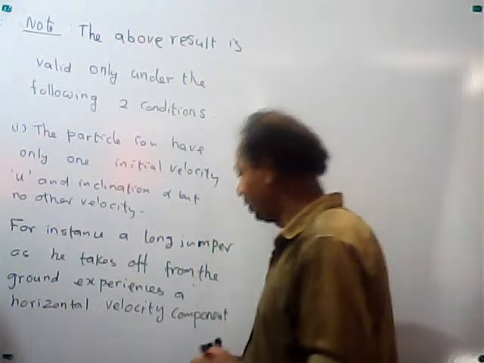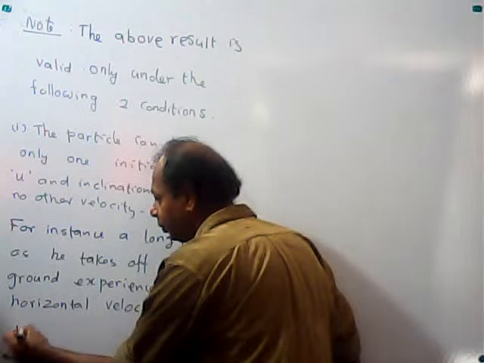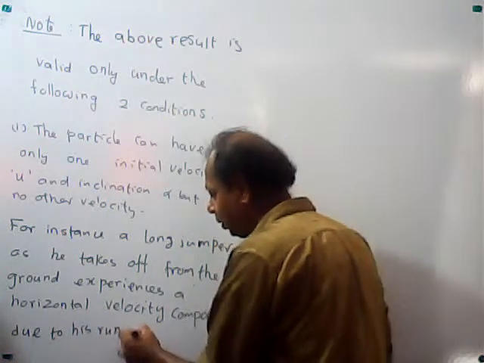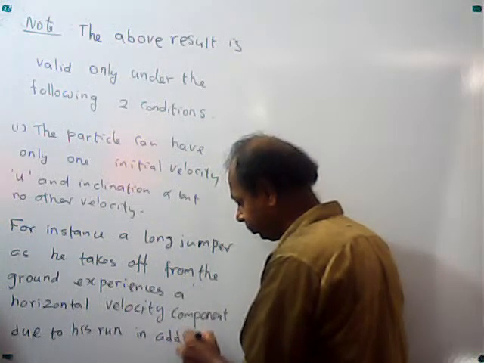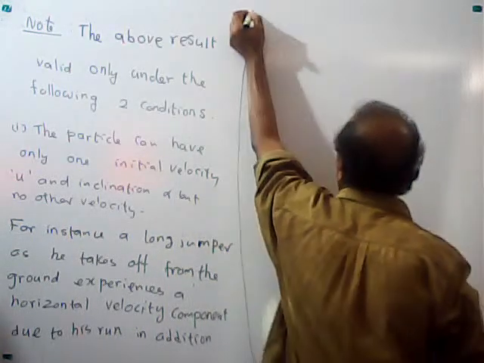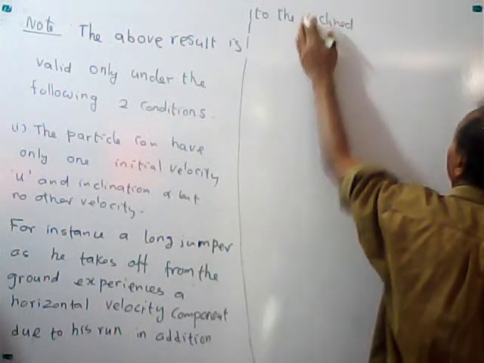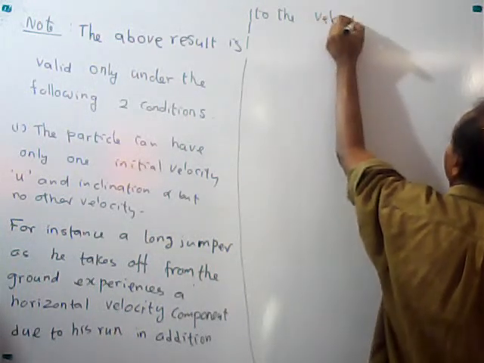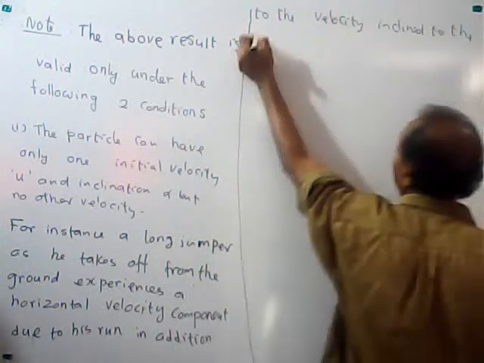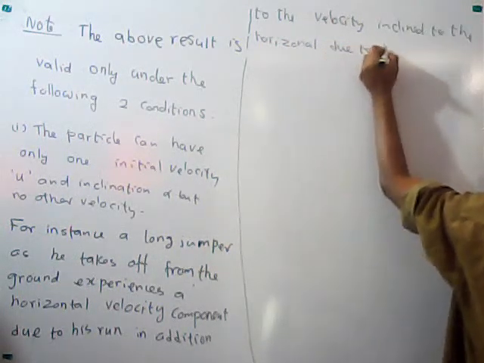Right. Horizontal velocity component due to this run, in addition to the velocity inclined to the horizontal due to this jump.